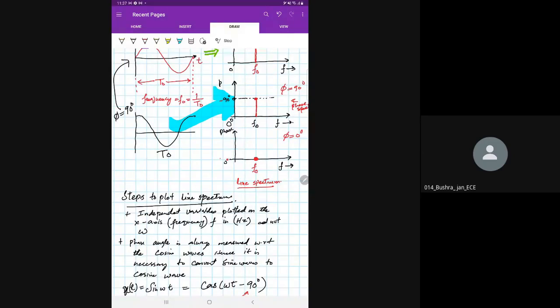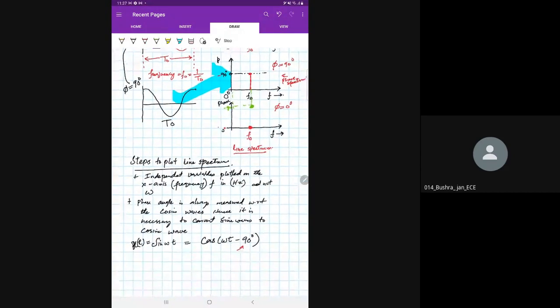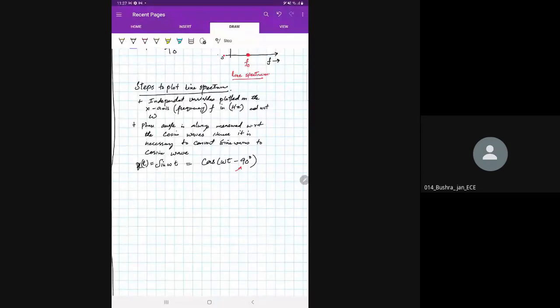Although this phase shift was to be drawn from the lower side. जो ये phase shift था, ये मुझे बनाना था असल में ऐसे. From this side, say for example, this is minus 90. That would have been more appropriate. ऊपर से पॉजिटिव फेज है, नीचे से -90 है. But whatever phase shift, whatever signal you have, first you have to remember that we need to convert it into cosine form.